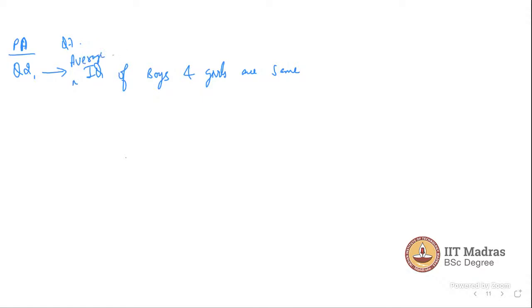Also, it is given to us that the standard deviation of IQ of boys is 10, and the standard deviation of IQ of girls is also given to be 10. Now we have taken some samples, and from there we have found that for 200 randomly selected boys the mean is 99, and from 300 randomly selected girls it is 97.